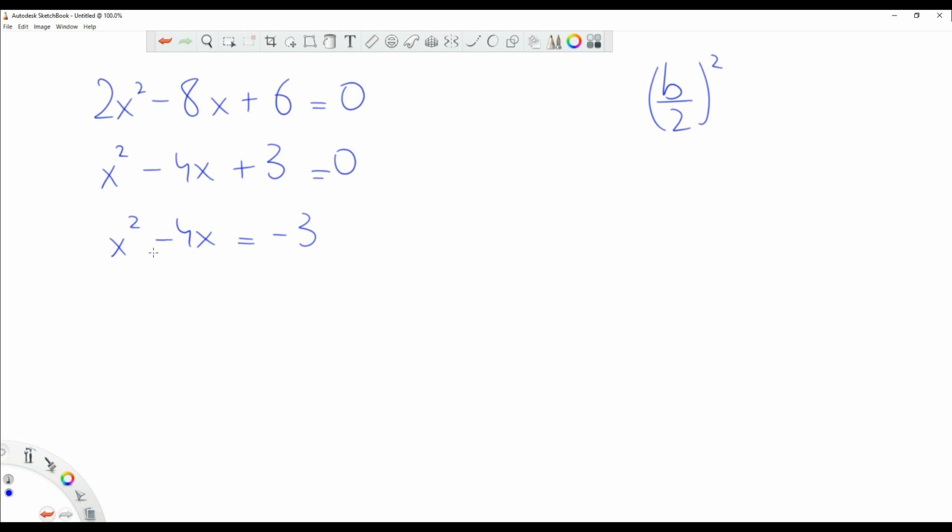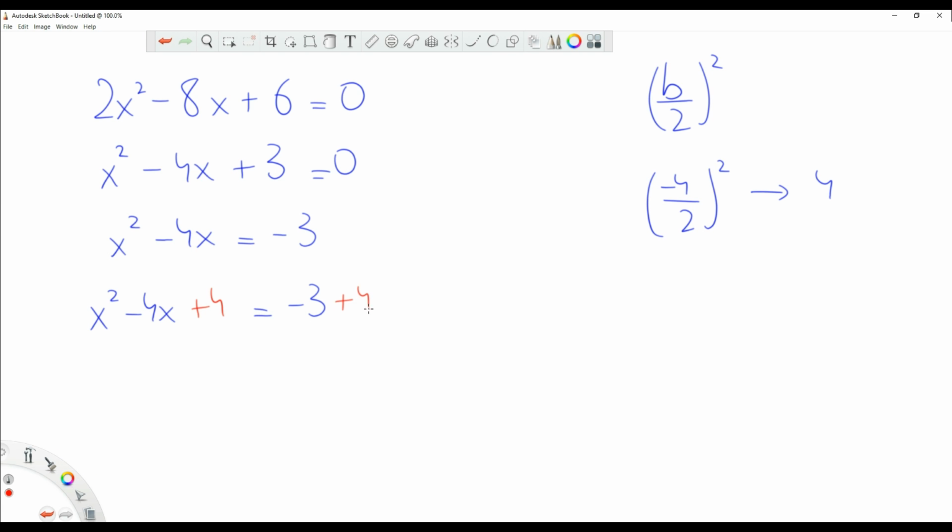For this equation, we do negative 4 divided by 2 squared, that's negative 2 squared, which is positive 4. This means that the missing term is positive 4. So I'm going to write down x squared minus 4x, and I will be adding plus 4 on both sides. Okay, so it's going to be like this.